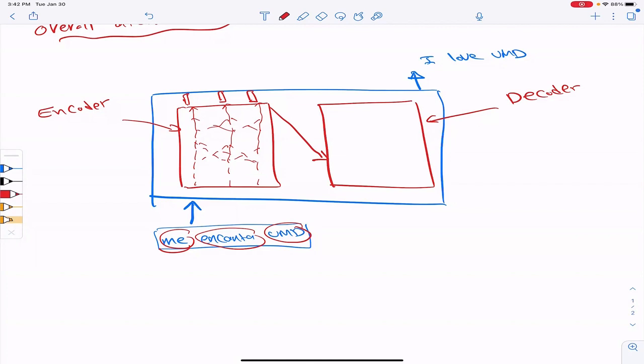So in my decoder, I don't have any input. Right? So I'll start with some generic token, which is called the start token or start of the sentence, SOS token. So here we have the start token.